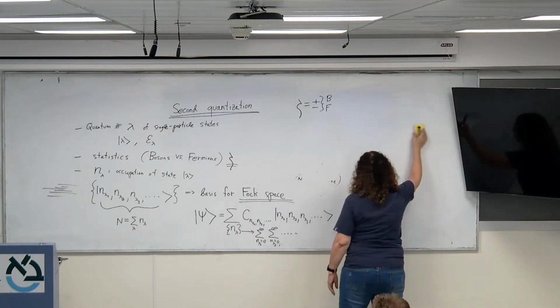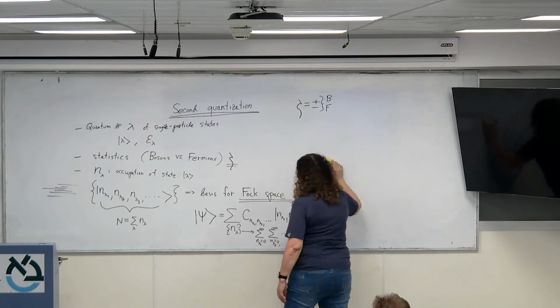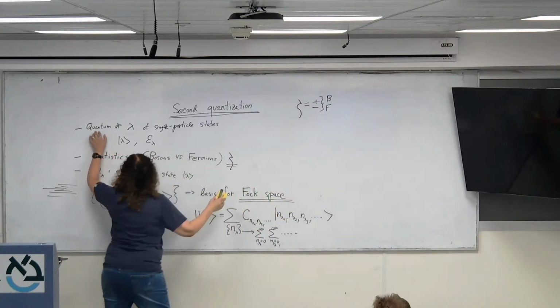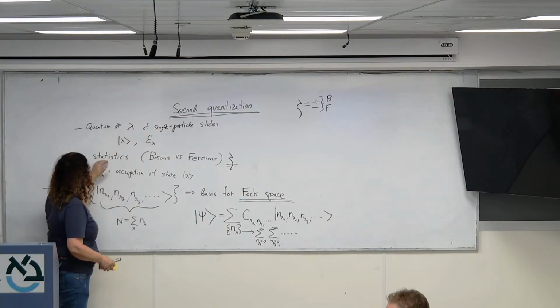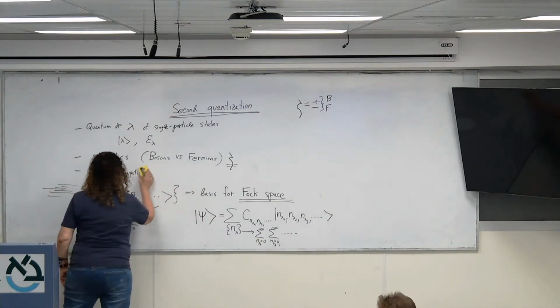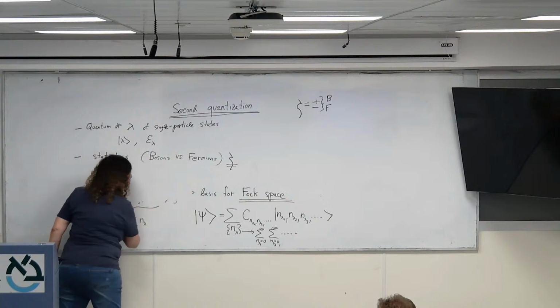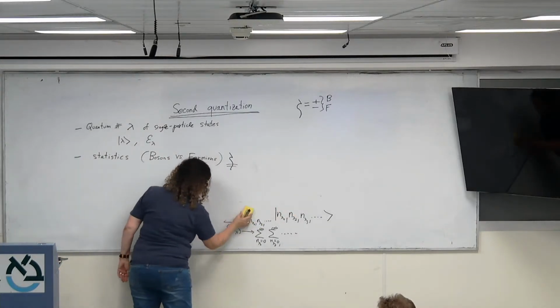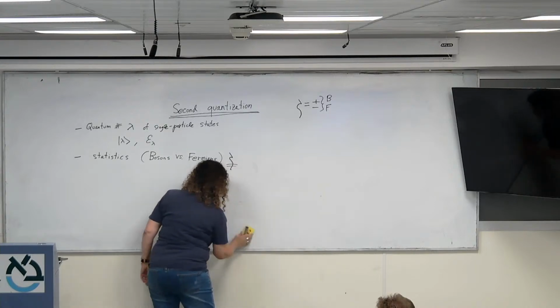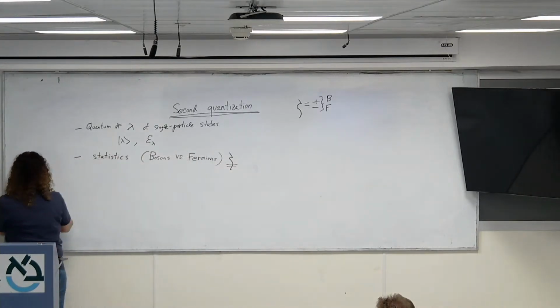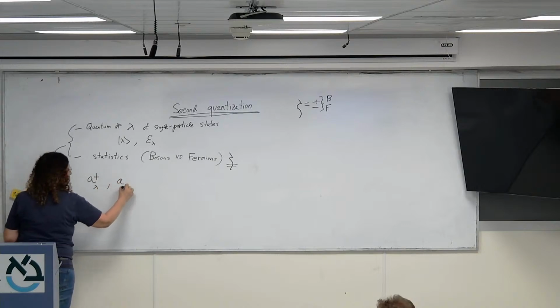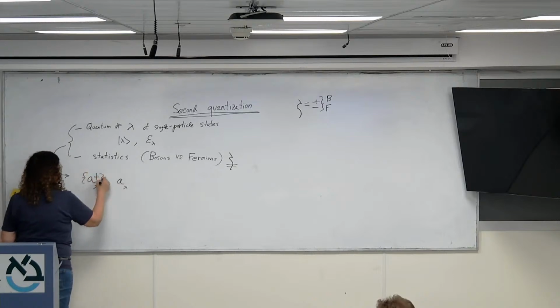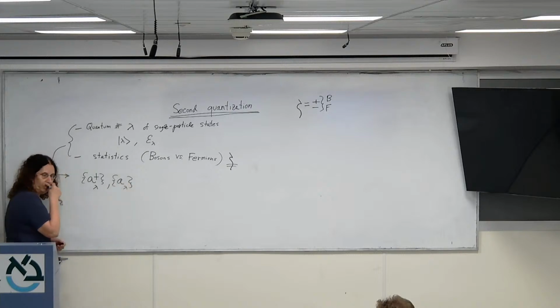And what we want to have is the following: once we decide to choose a set of quantum numbers to characterize our single particle states, and we have the statistics, we define a set of creation and annihilation operators for each lambda, okay?